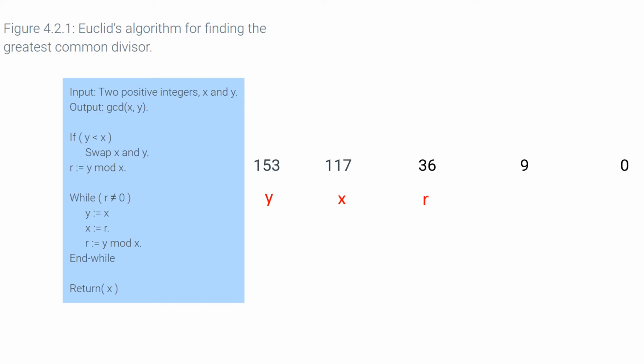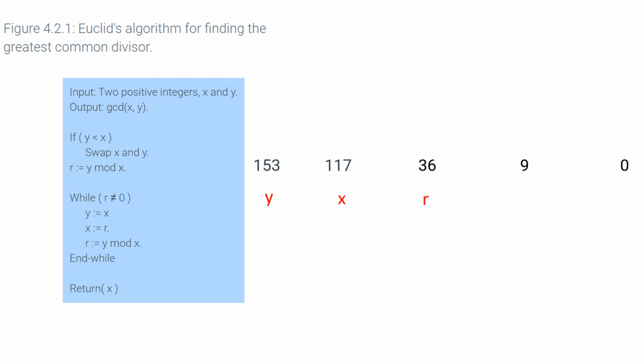So they have us swap it if y is not the bigger one. Once we do that, now we have the biggest one saved in the y value. So then it says now find r, which is y mod x. That would again just be the 153 mod 117, and that would give us the r. So that 36 would be called r.